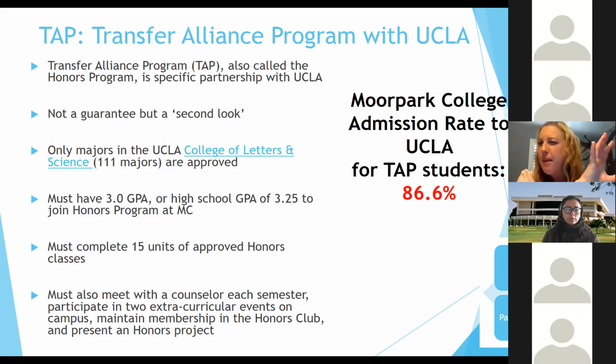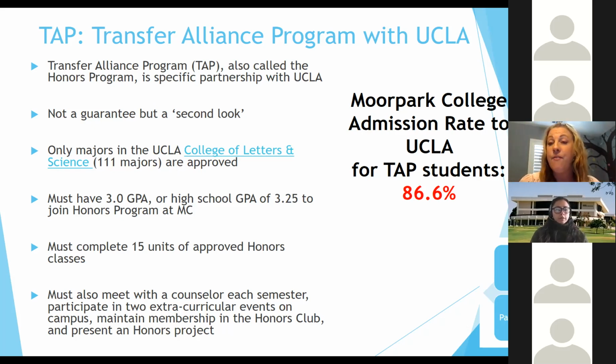Our admission rate, so I think I showed you, was like 30% in general for UCLA. It's 86% of our students who go through our TAP get into UCLA. So if UCLA is a goal, it's a no-brainer to do our honors program through our TAP. I don't have the breakdown, but I'm pretty sure it's a pretty high number of that in their first major. So it's not like they're only getting in with their second major.